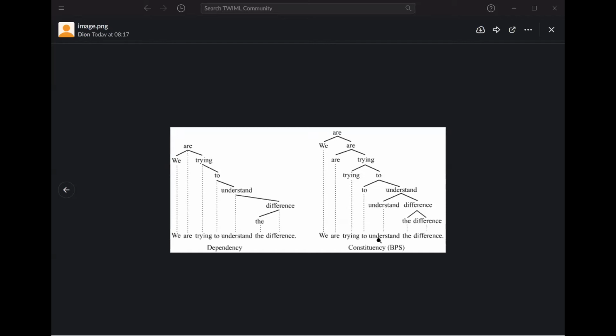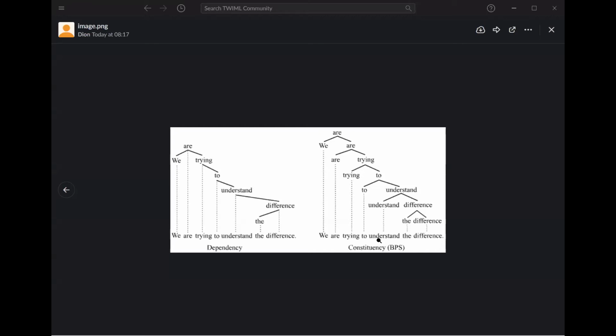Yes, the head. So, question: is there a distinction between left pointing arrows and right pointing arrows? In other words, on that dependency graph, all the arrows are pointing to the right, trying to understand difference, but then all of a sudden there's an arrow pointing to the left, from difference to "the".